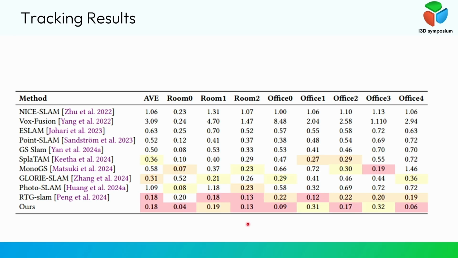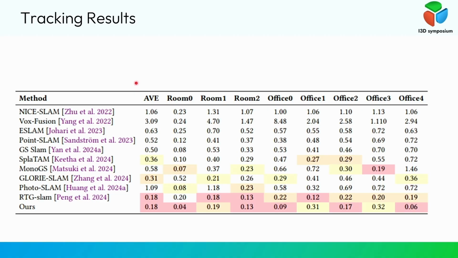So this is the tracking result of our system. All the experiments were run on an A6000 server, and these experiments were on the Replica dataset. This is each room's result, and this is the average performance.